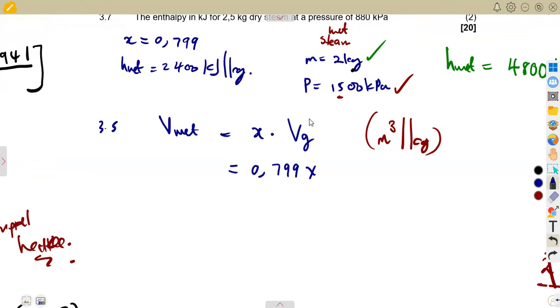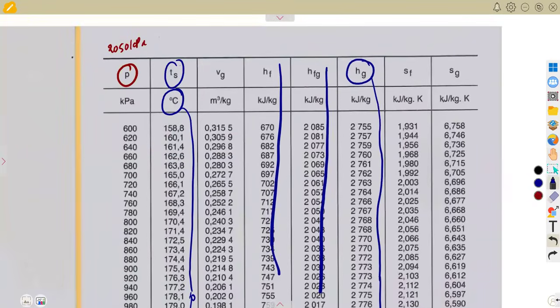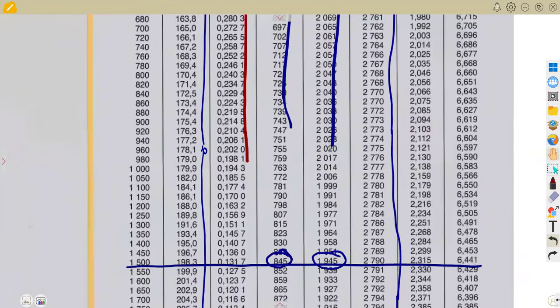Our Vg, at this pressure, is the volume of the dry steam when it is dry. So you take it from the steam table. This is your Vg there, at 1,500. Remember, we are still at 1,500. So your Vg is here, 1,500, which is 0.1317. Yes.